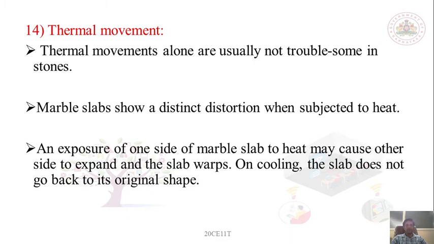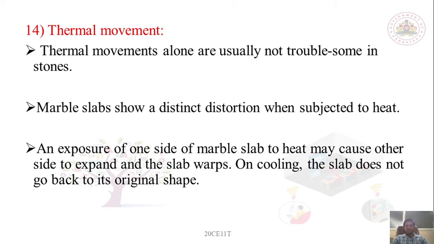The next important parameter is thermal movement. Thermal movement alone is not usually troublesome to the stone, but marble slabs show a distinct distortion when subjected to heat, because of the presence of a huge quantity of parts which will disintegrate into smaller particles.